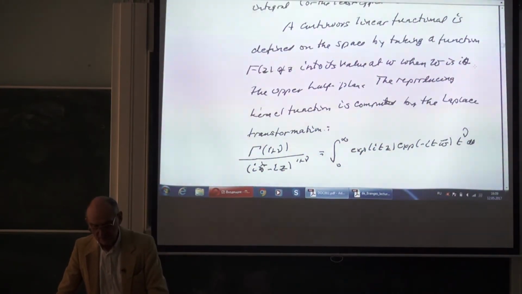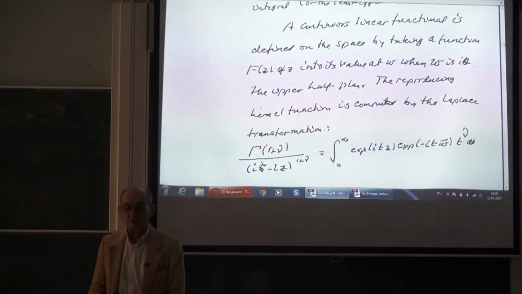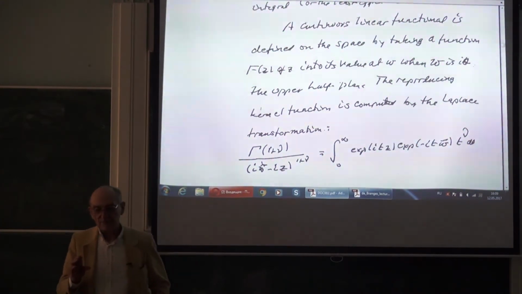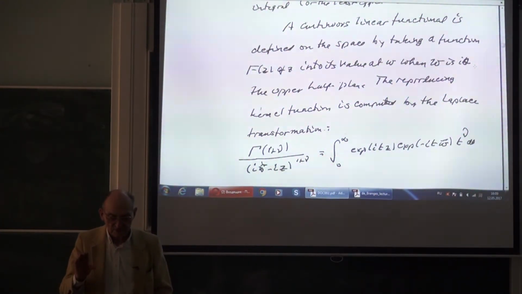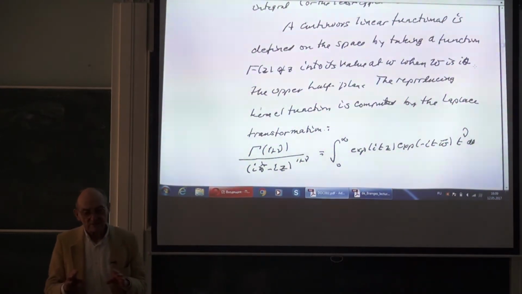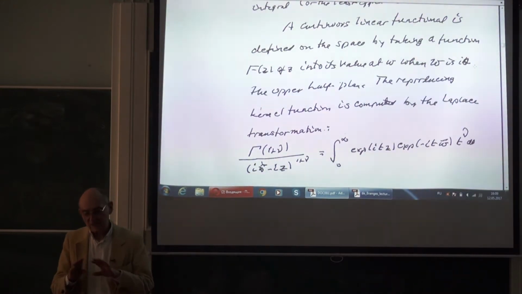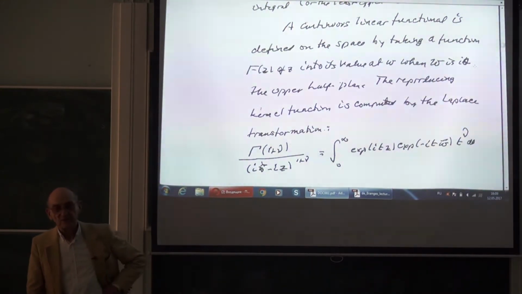The Radon transformation is unitarily equivalent under the Laplace transformation to multiplication by i over z. So the operator that takes an analytic function of z and multiplies it by i over z to produce a new analytic function is an operator defined with domain and range in that space of analytic functions.